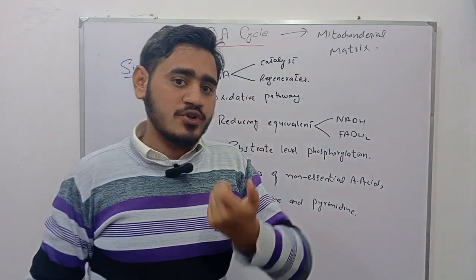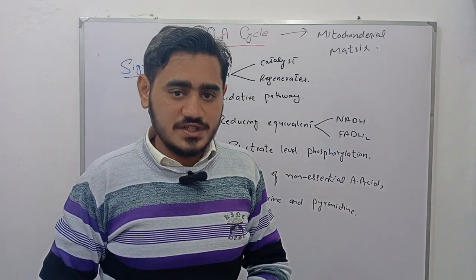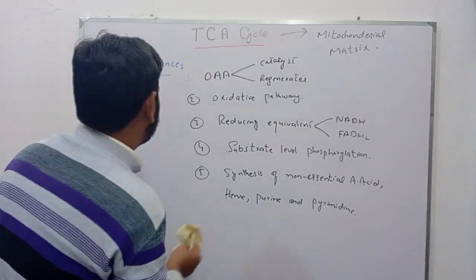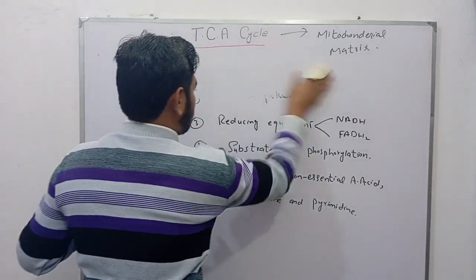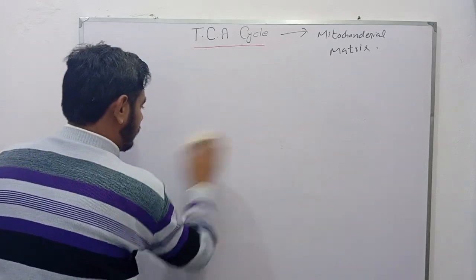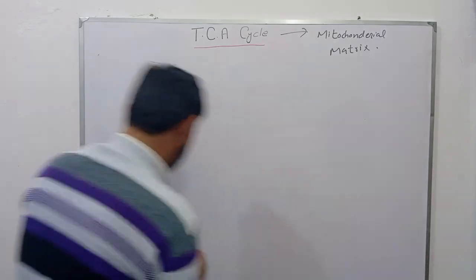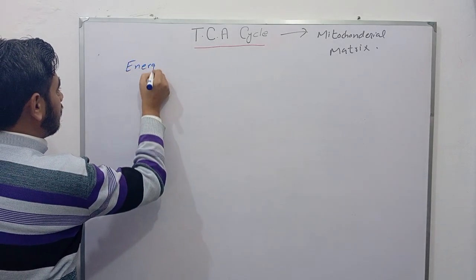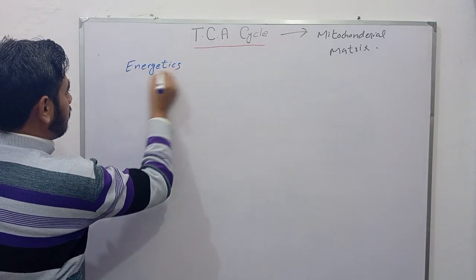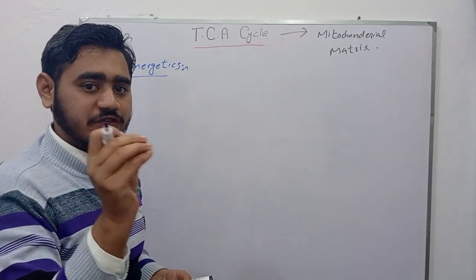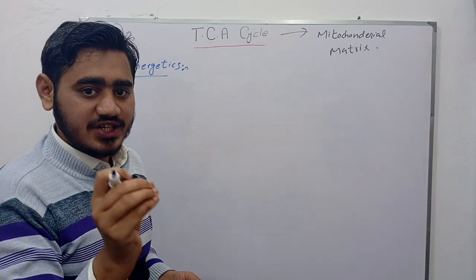So now coming toward the energetics of TCA cycle. In TCA cycle, there is production of three molecules of NADH and H plus.